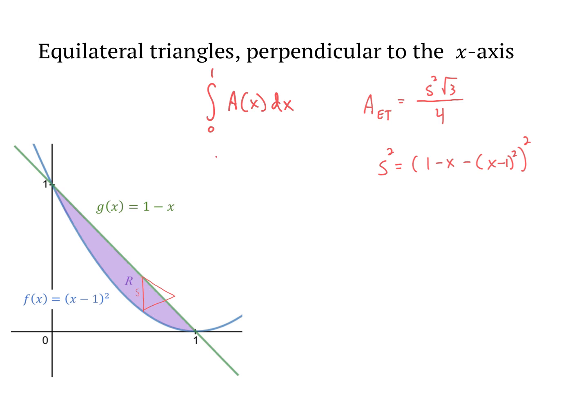And so when we do this integral, okay, S squared is that big long thing, times root 3 over 4 dx. And that's it. Okay, not to say these are always the easiest, but when you kind of know how these work, they don't take a lot of work, but there is a lot of understanding though.